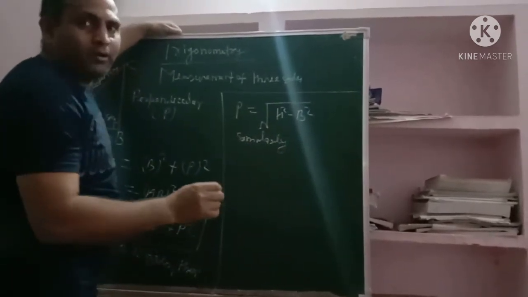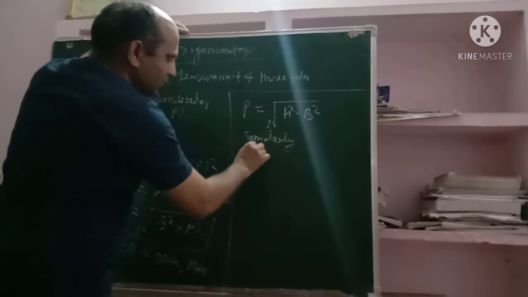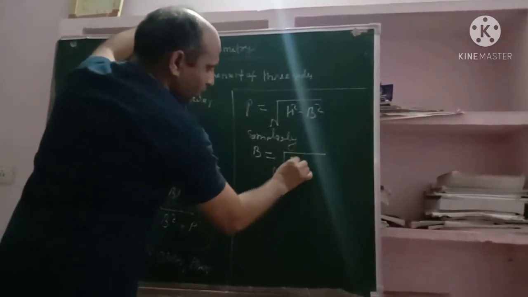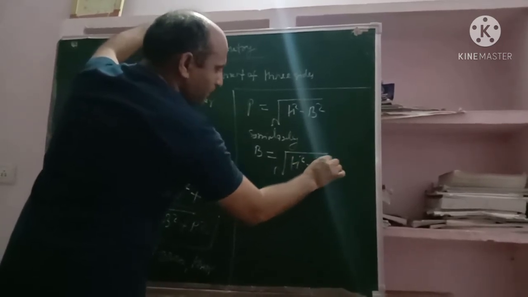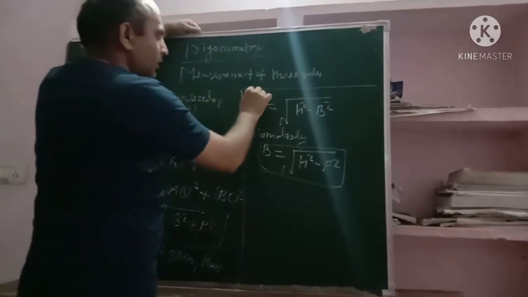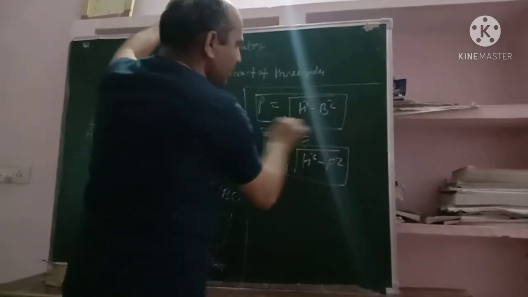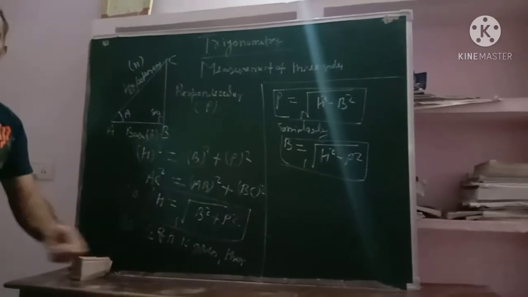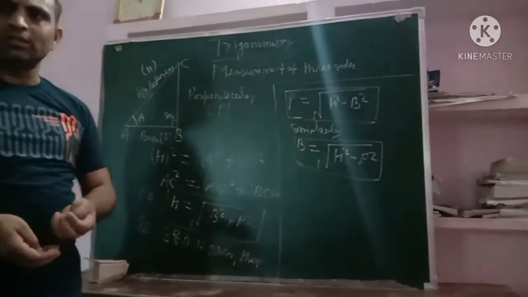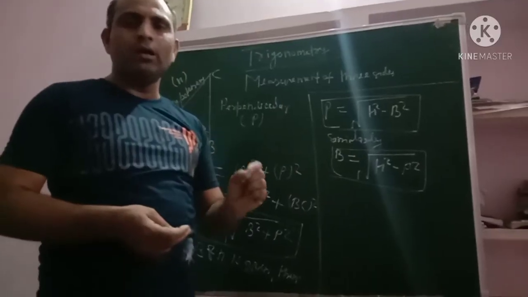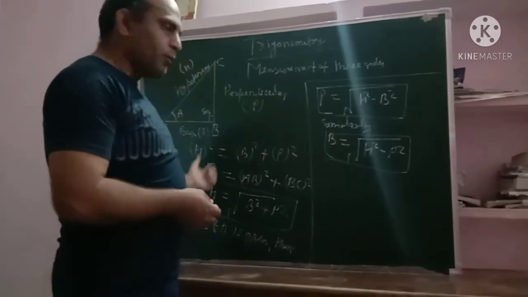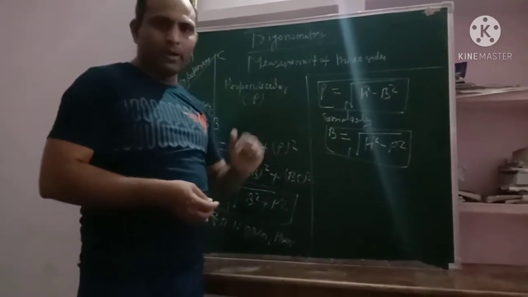Similarly, if we want to find the base length, it is equal to the square root of H square minus P square. So this is the relation to calculate the base, this is the relation to calculate the perpendicular side, and this is the relation for calculating the hypotenuse side. By using the Pythagoras theorem, we can calculate the three sides: hypotenuse, base and perpendicular.